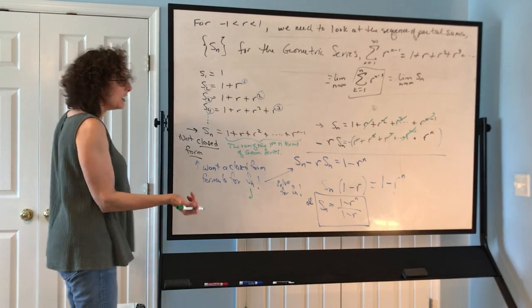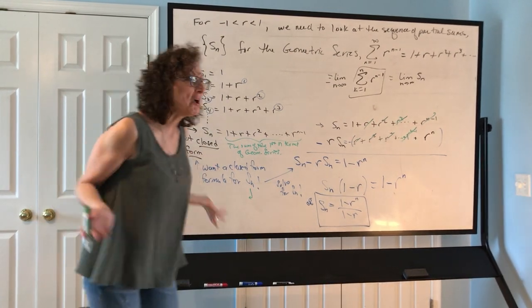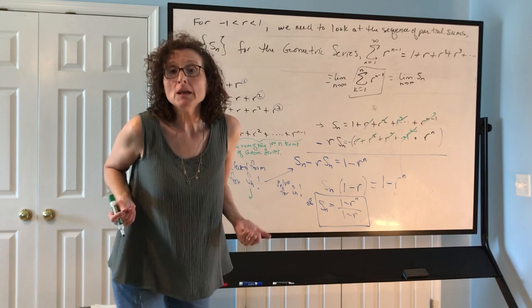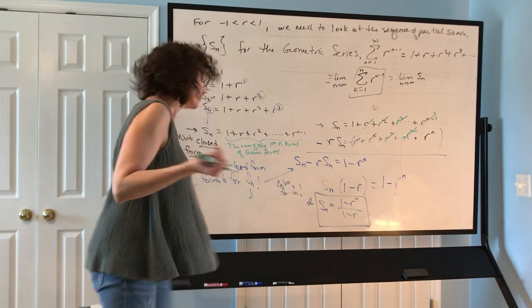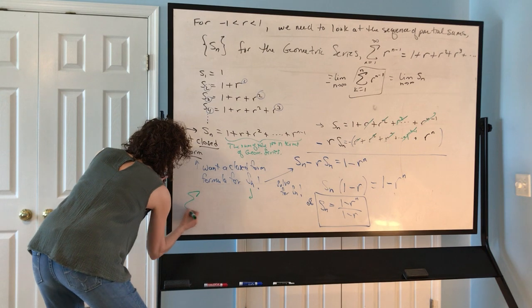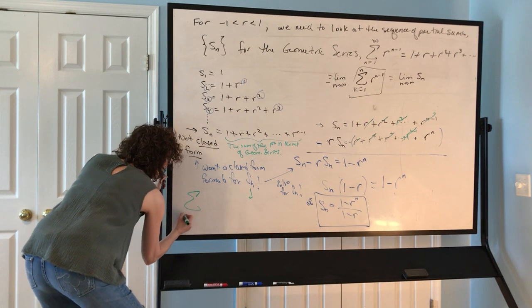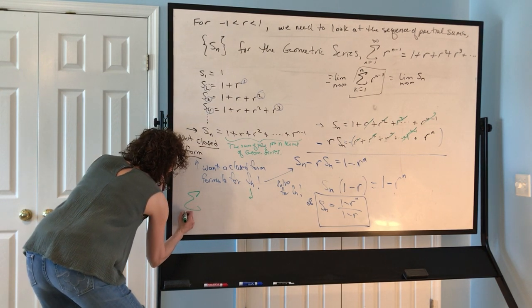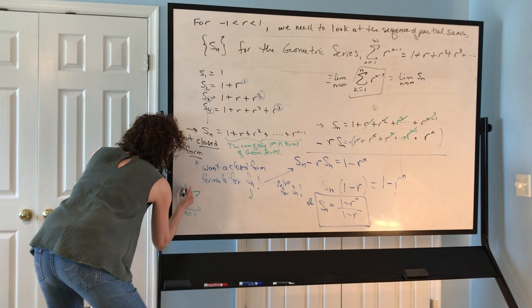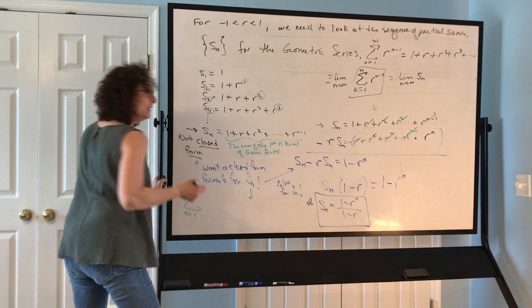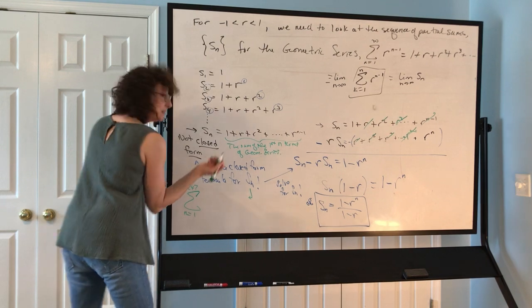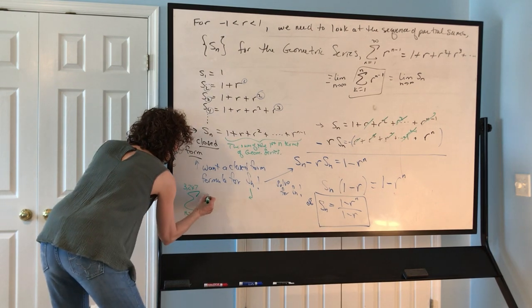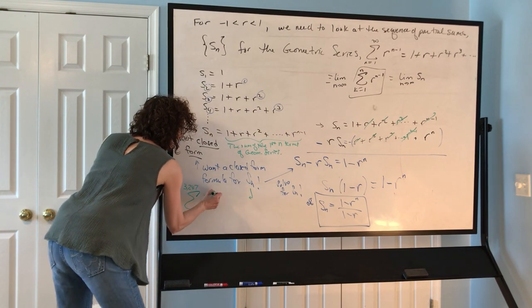Suppose I want to sum the first, I don't know, 3,247 terms. What is the sum of n equals 1 to 3,247 of, let's talk about our guy 3/7, to the n minus 1?